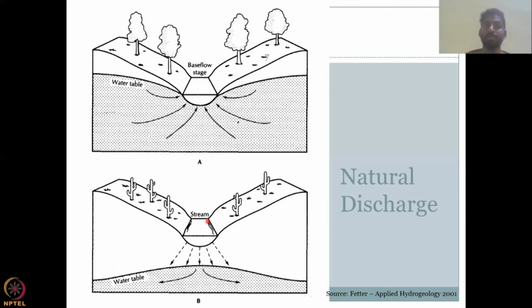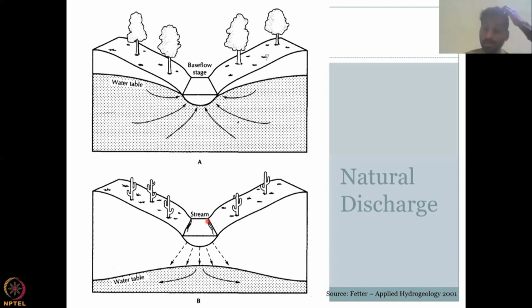So here we have seen both natural recharge and natural discharge, where natural recharge happens due to the difference in the potential of where the water level is, and also because of movement of water from rainfall into the ground through gravity.